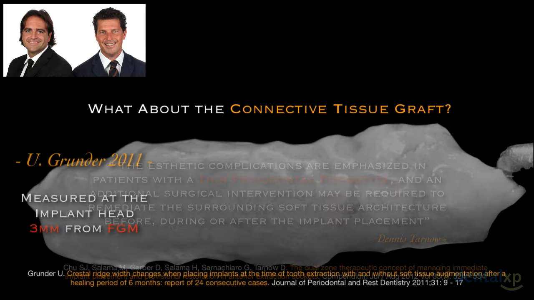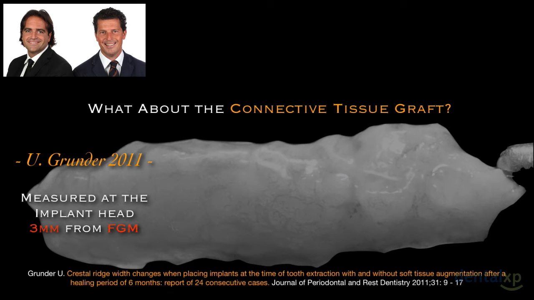And looking at the literature, Yuri Grunder also did a study about the connective tissue graft, where he measured the implant head 3 mm from the free gingival margin. He had two groups: a control group with 12 patients where he placed neither the graft nor the provisional, and he had a volume loss of 1 mm.